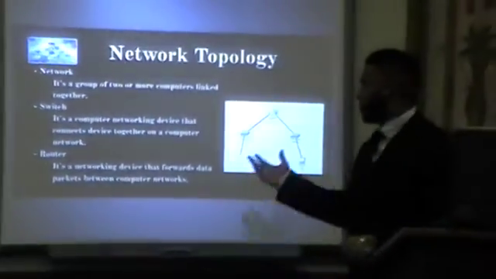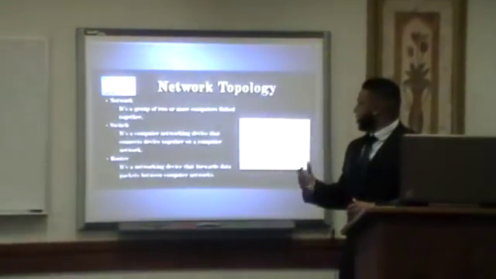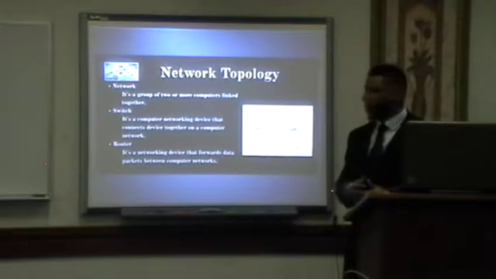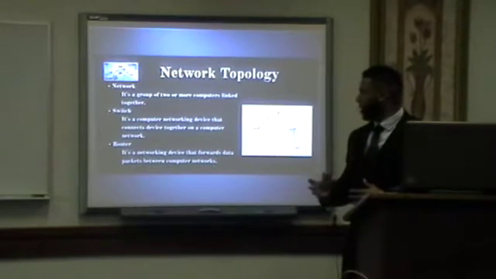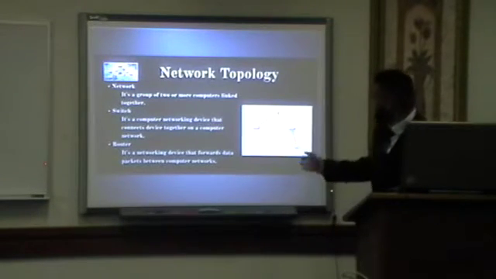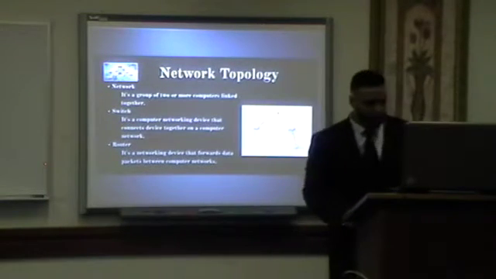Let's start with some definitions so you know about the network. A network is a group of 2 or more computers linked together. A switch is a computer networking device that connects devices together on a computer network. And a router is a networking device that forwards data packets between computer networks.